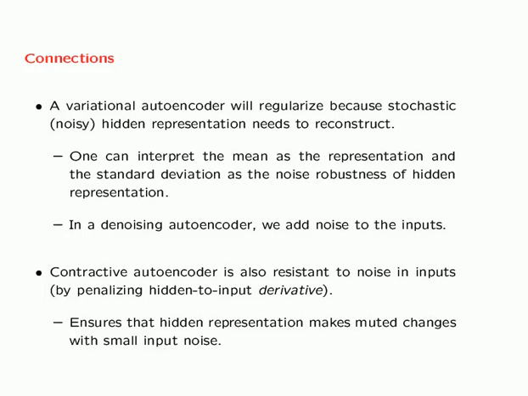Now, let's look at how these three different types of autoencoders, with three different ways of regularizing, are connected to one another. A variational autoencoder regularizes because the stochastic hidden representation needs to reconstruct. So within a range of noise added to the hidden values, you should still be able to reconstruct.